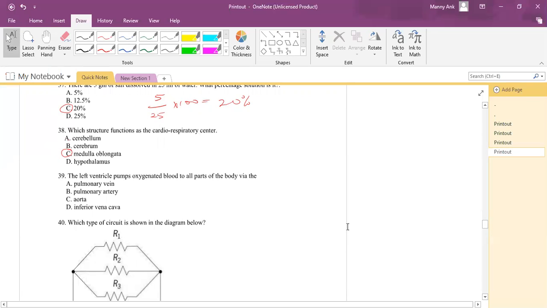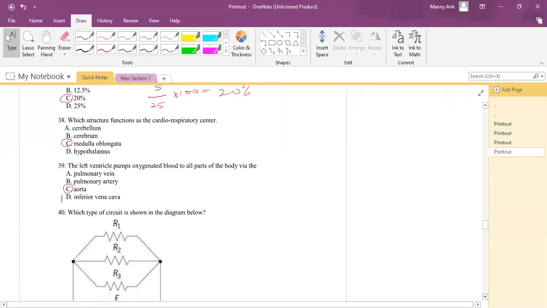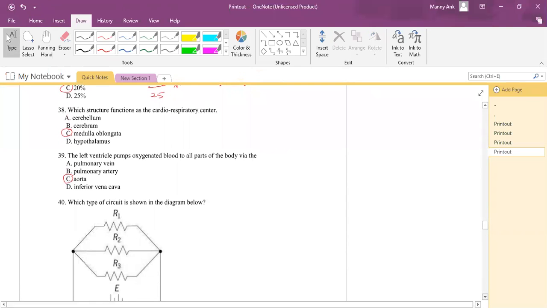39. The left ventricle pumps oxygenated blood to all parts of the body via the aorta. Okay. Remember, we drew the circulatory system, and I used a box as an example to illustrate the circulatory system.